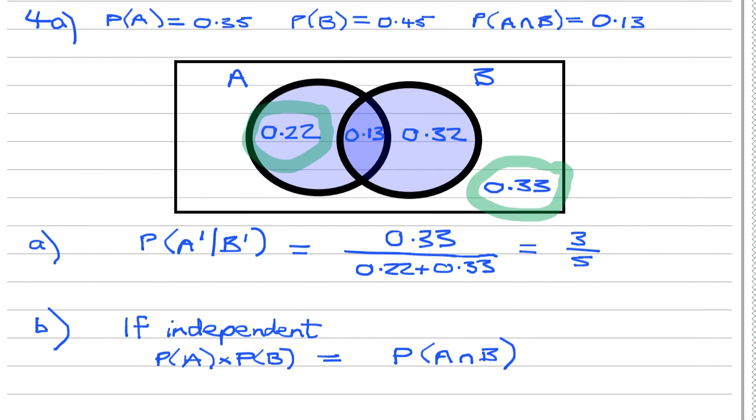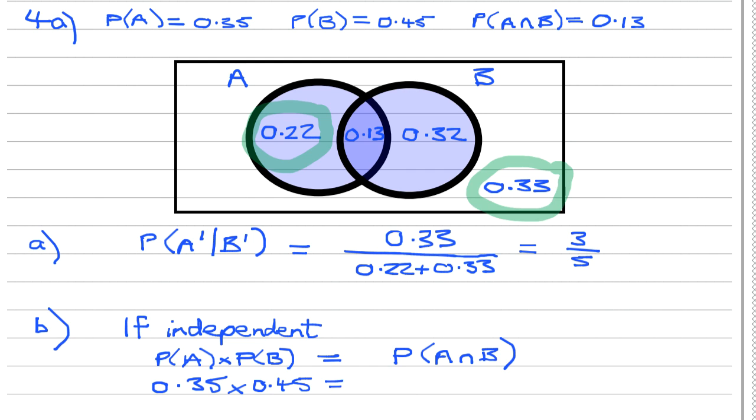Now part B asks us to explain why the events A and B are not independent. Now if events are independent, the probability of A times the probability of B will equal the probability of A intersection B. So if we try these then, the probability of A is 0.35, and if we multiply that by the probability of B, the probability of B is 0.45.